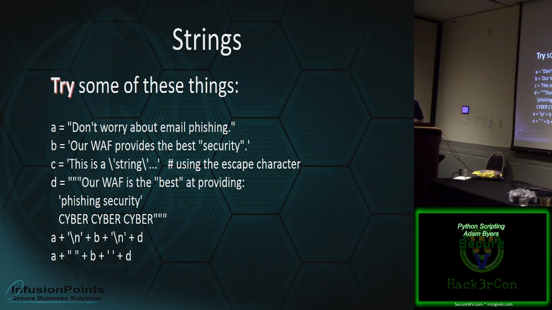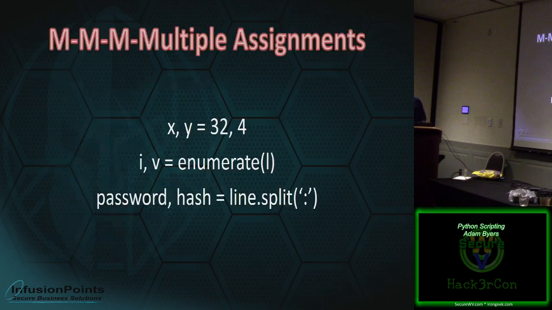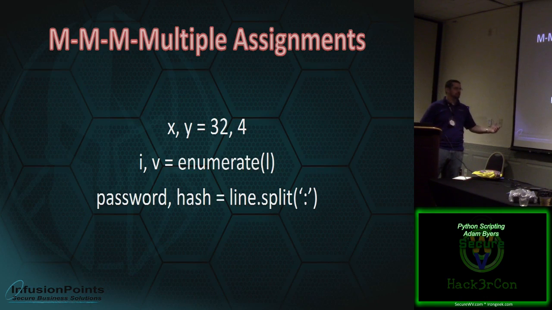Any questions on that? How to treat strings, how to define strings? Okay, multiple assignments. So you can say x, y equals 32 and 4. Put the number 32 in x and the number 4 in y. This is pretty cool.